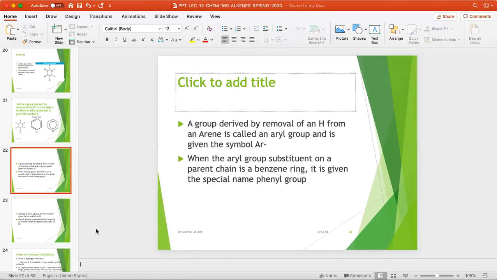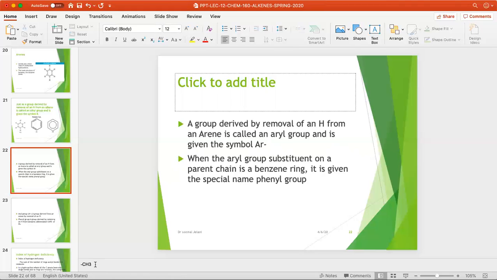If you remove one hydrogen from CH4, it will become dash CH3. Now it is not methane, it is called methyl group.